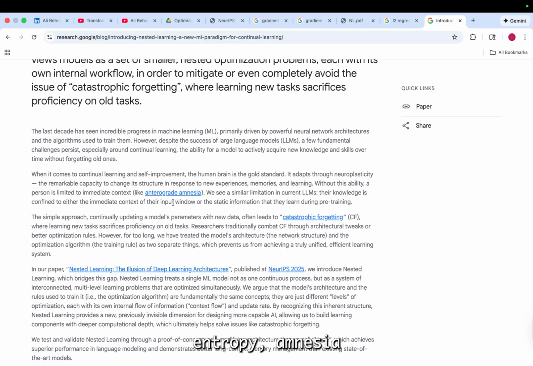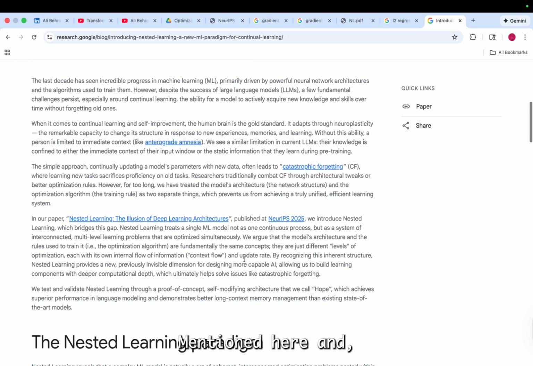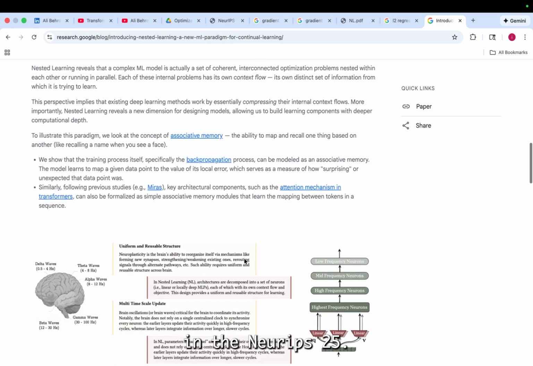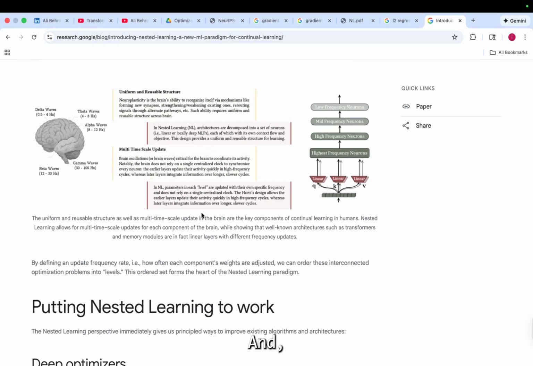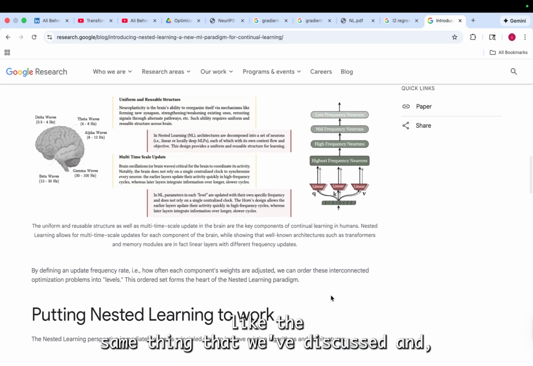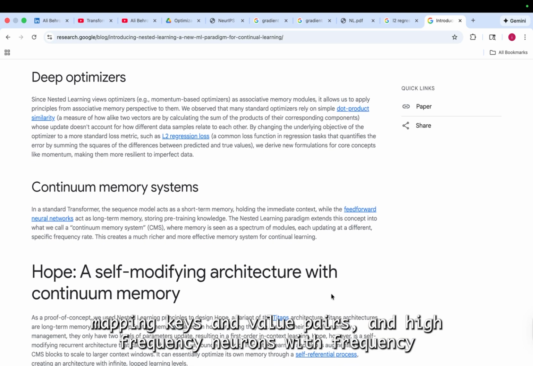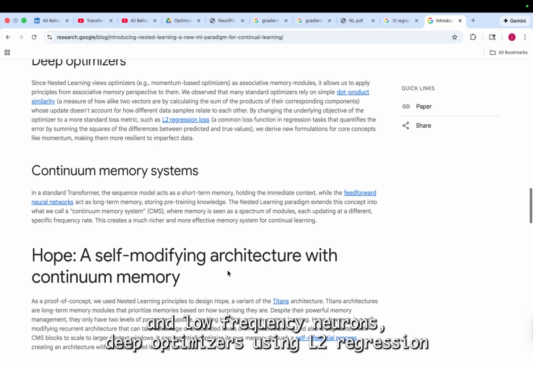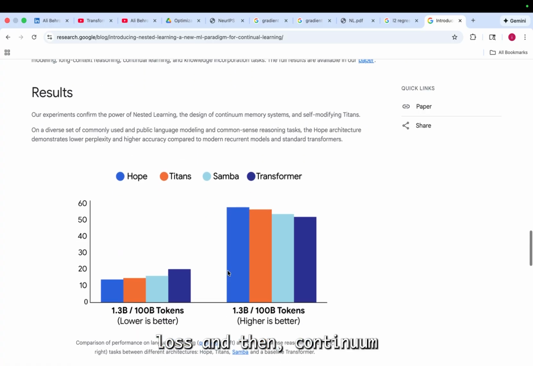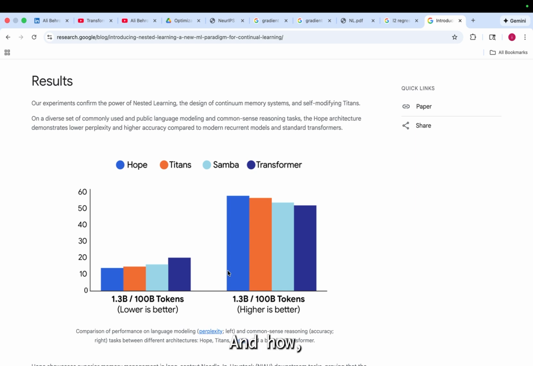As we discussed about anterograde amnesia and so on, it is mentioned here, and this paper was published at NeurIPS 2025. It covers the same things we discussed: mapping keys and value pairs, high frequency, mid frequency and low frequency neurons, deep optimizers using L2 regression loss, continuum memory systems, and finally the Hope architecture.